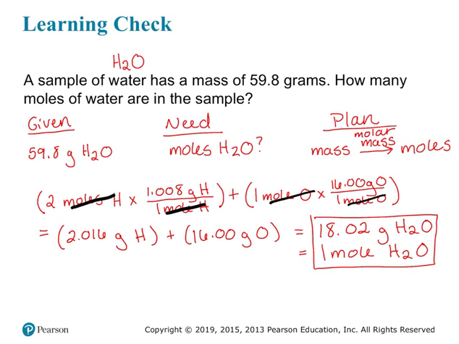So let's start with what we were given. We have 59.8 grams of H2O, and we're just going to multiply that or divide that by the molar mass. But let's figure out what we have to do here. So should 1 mole of H2O go in the numerator or the denominator?